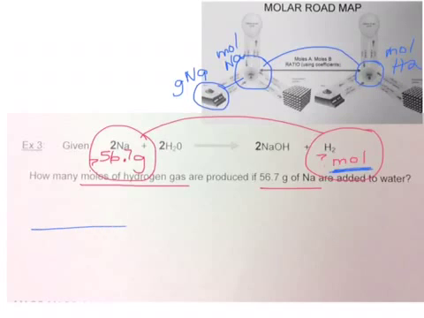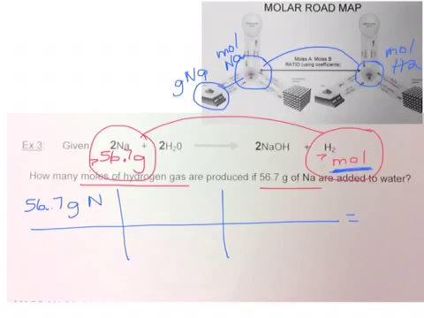So I know I'm going to need 3 tracks. 1, 2, 3. I put my given in the first track, 56.7 grams of sodium. And I diagonal down, grams of sodium. The only place we said we could go up on our map from grams was to moles, so that's the old step. Nothing new there.